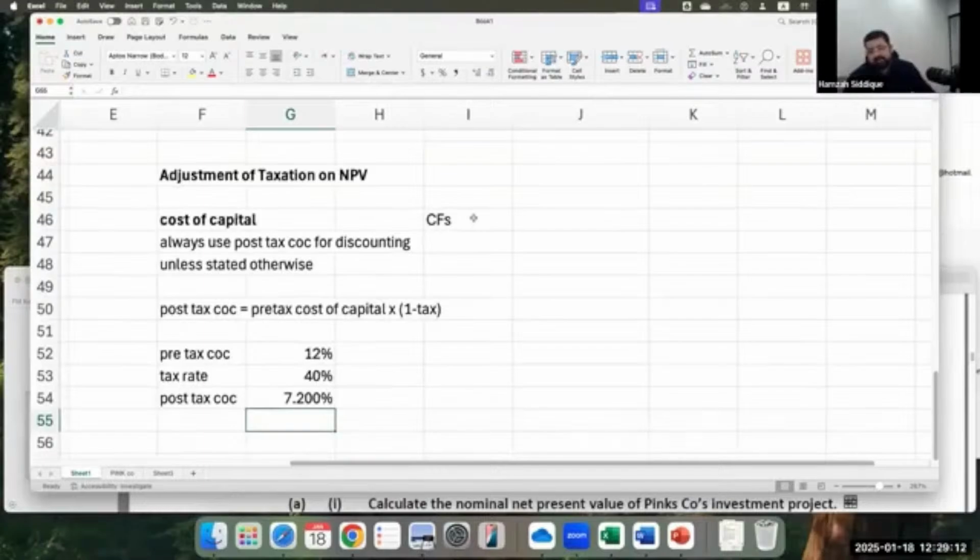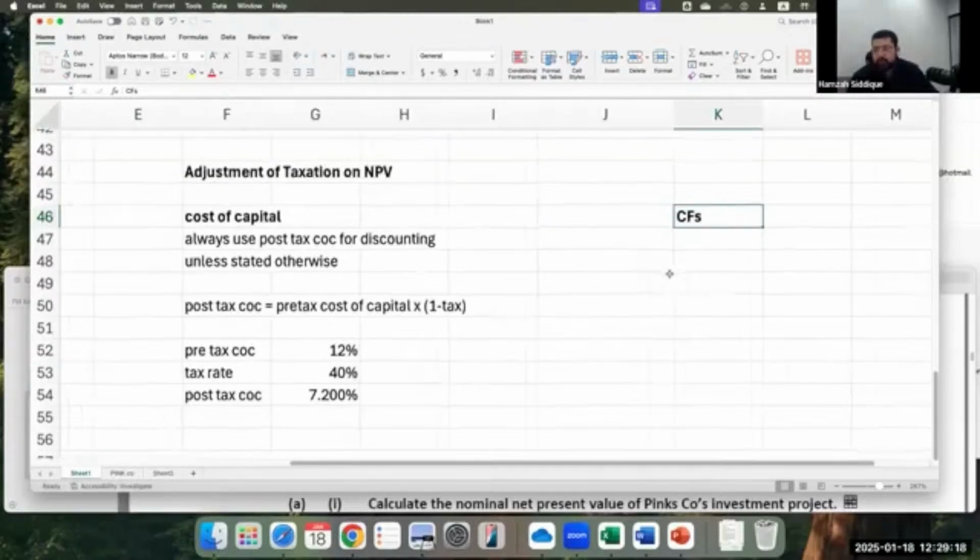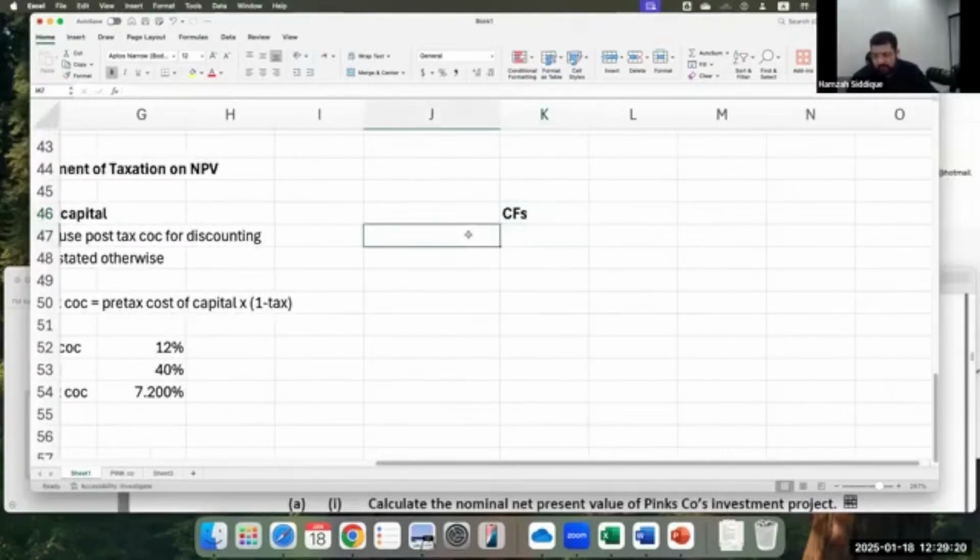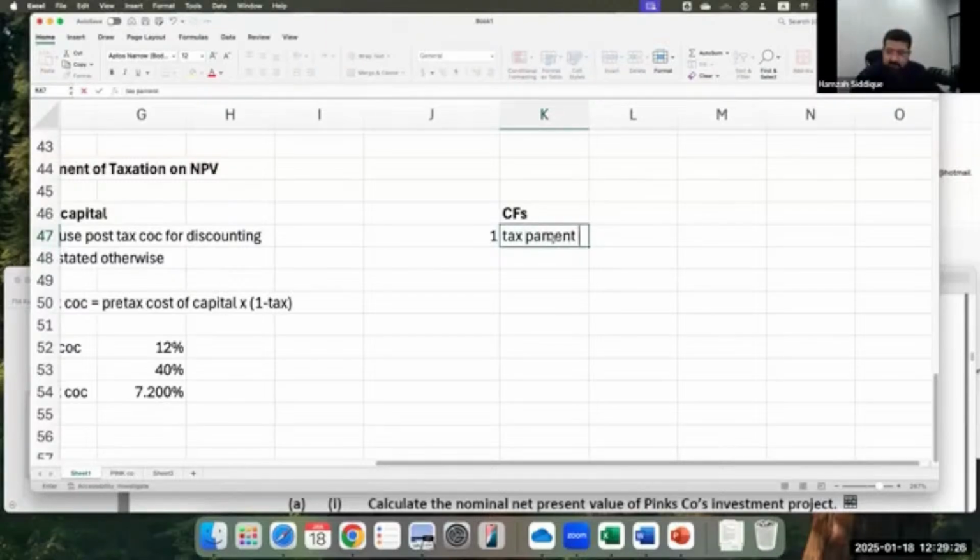So the next point is cash flows. Adjustment on the cash flows. Two adjustments on the cash flows. One, which we have both learned with practice, is tax payment on taxable cash flows. That you calculate sales minus costs and you pay tax on that.